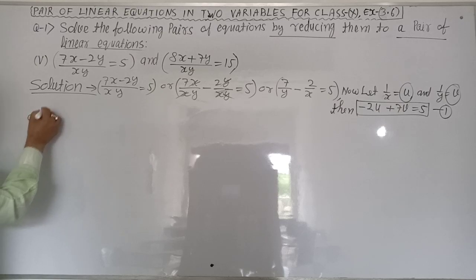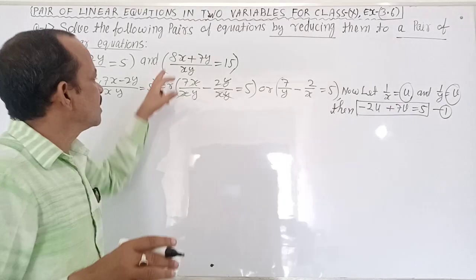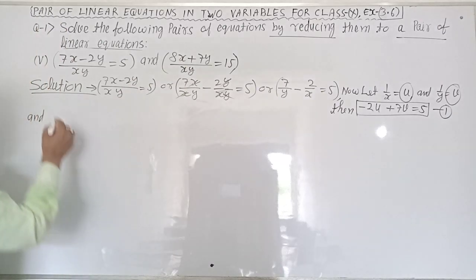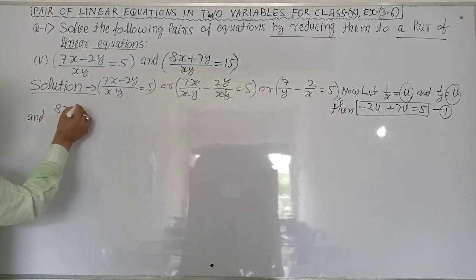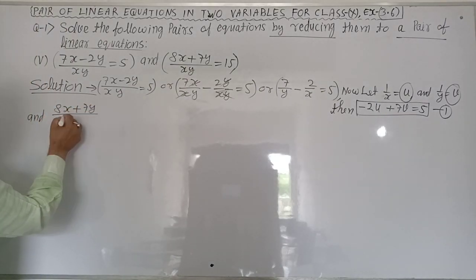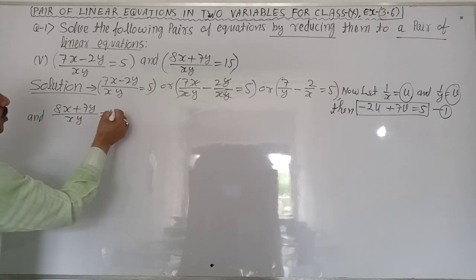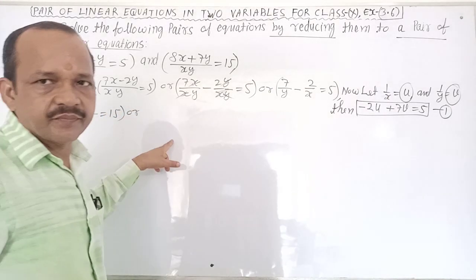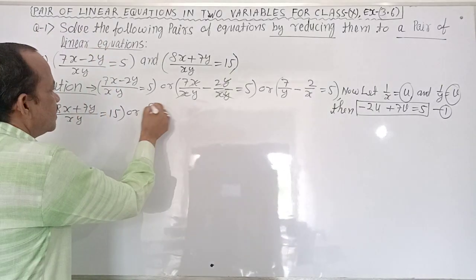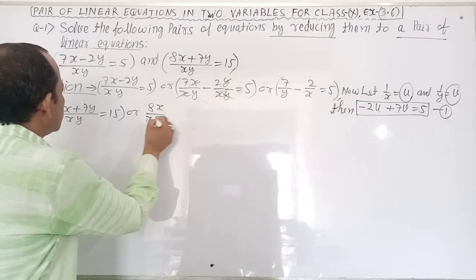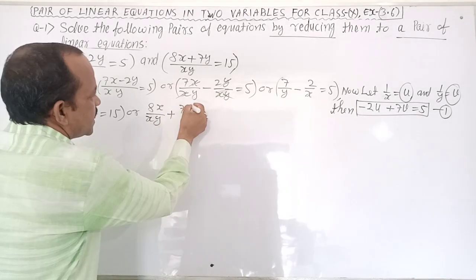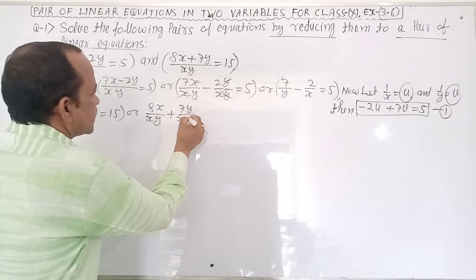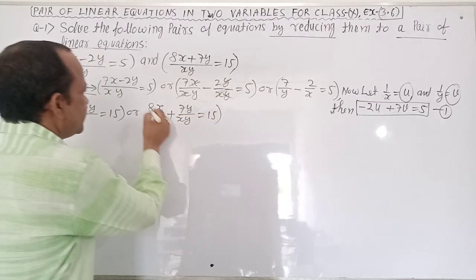And here 8x plus 7y by xy equal to 15. You separate it. It becomes 8x by xy plus 7y by xy equal to 15.